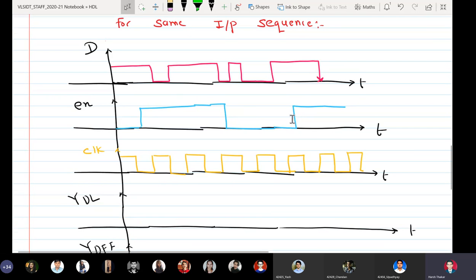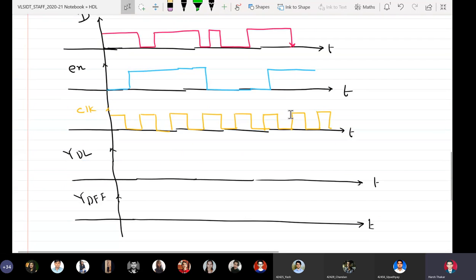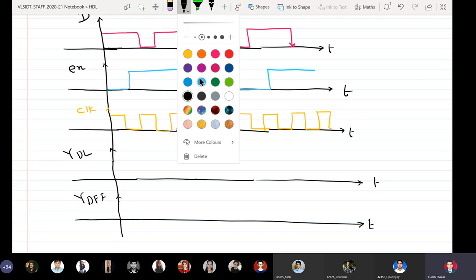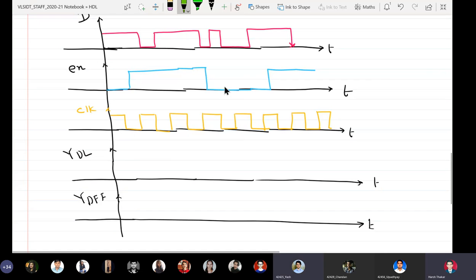Yes, now I am zooming in. Tell me, how do I draw the waveforms for output of D latch? Yes. Sir, when enable is 1, I directly copy the portion of D. Yeah, so what we will do is that we will mark the enabling instance. Okay, so this is the response window.